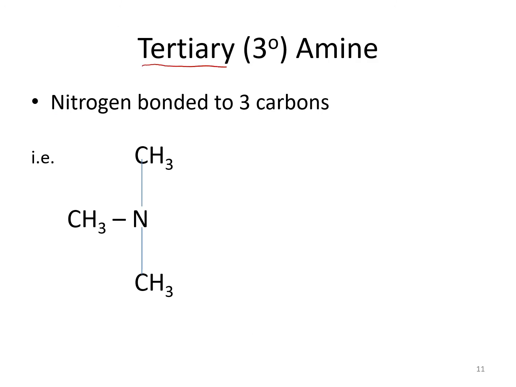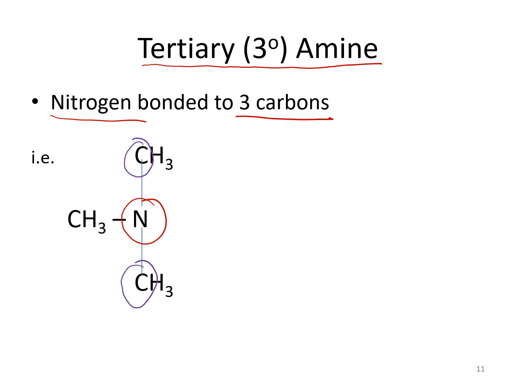A tertiary amine is where I have nitrogen bonded to 3 carbons. So again, I look at my nitrogen and I'm looking at what it's directly bonded to. 1 carbon here, another carbon here, and this may not be as easy to see, but this nitrogen is bonded directly to this carbon. So let me go ahead and draw out the structural formula so you can see that better.